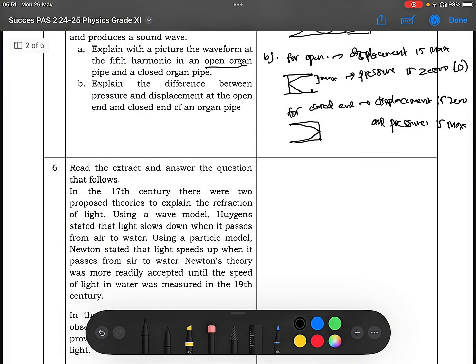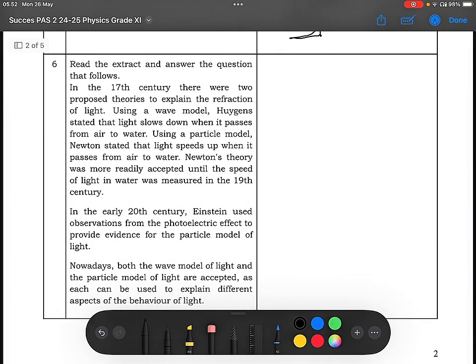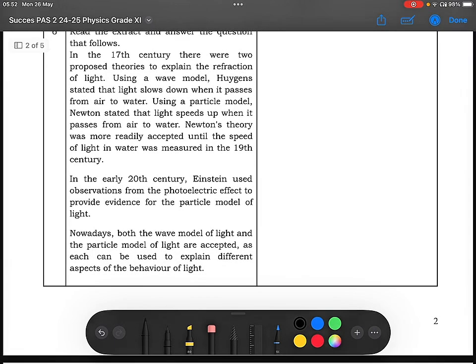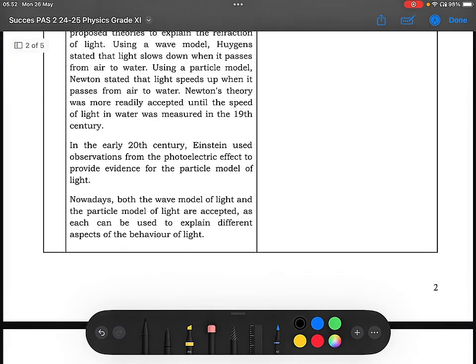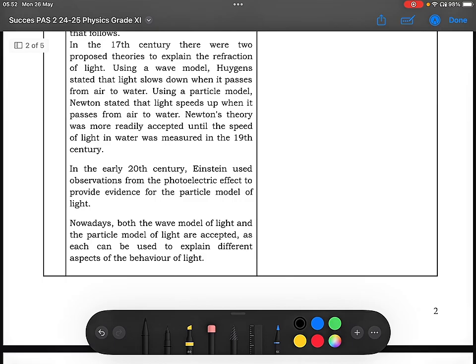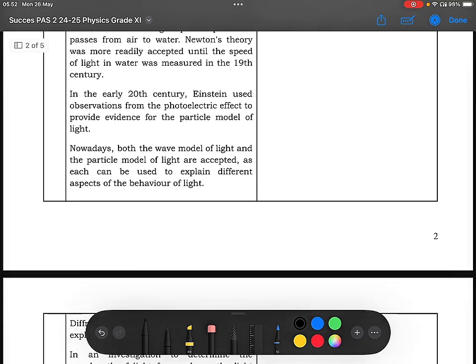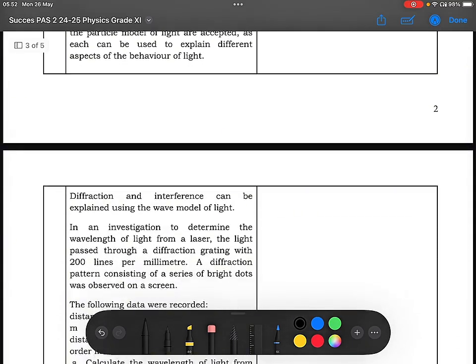Okay. Number 6, read the text extract and answer the question that follows. It is the story about diffraction.